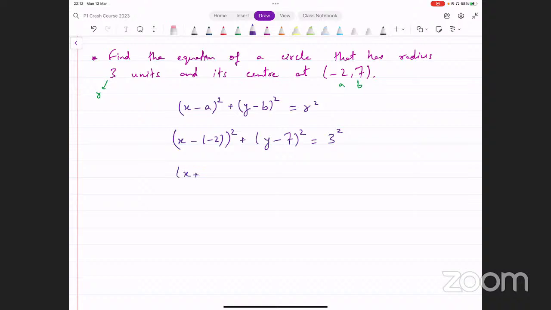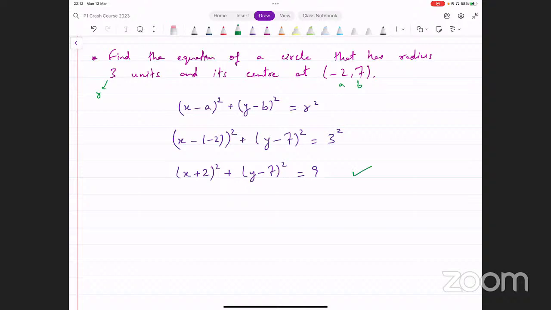If you simplify this, it becomes x plus 2 whole squared plus y minus 7 whole squared equals 9. That is the equation of the circle.